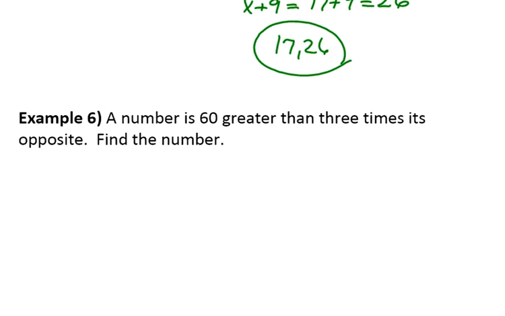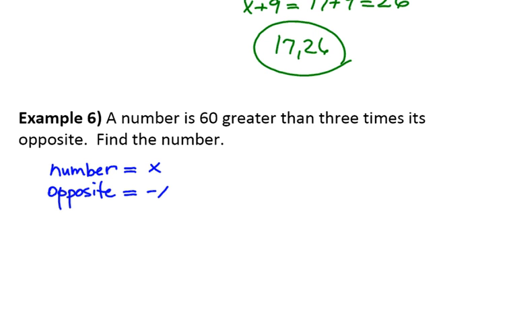Example 6, a number is 60 greater than 3 times its opposite. So this time we have a number, and we're also using the word opposite. So we have a number and its opposite. If we let the number be x, remember that its opposite is always the negative of it.